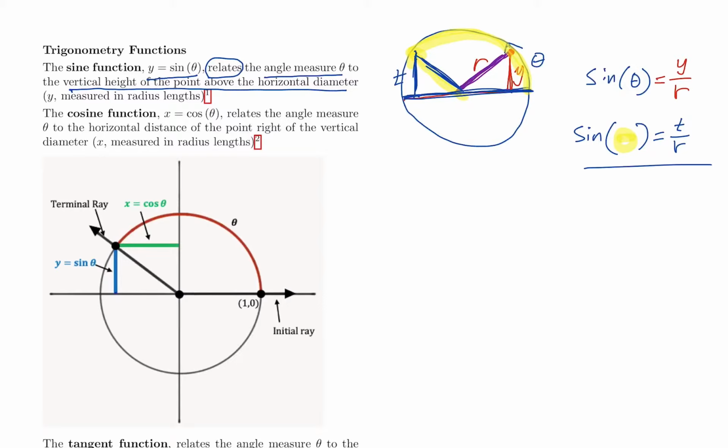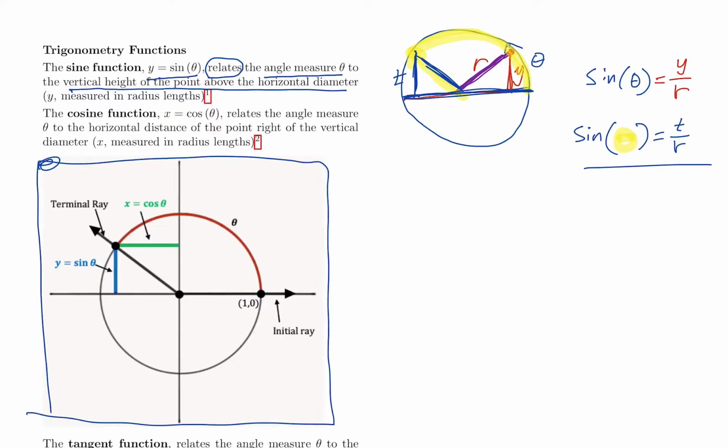But if you look at this circle right here, the reason why we mark just sine theta, this blue segment right here, is because in here radius length is 1, because this is a unit circle. So we're essentially dividing this length by 1, which is just the length itself, because dividing by 1 does not change the quantity.